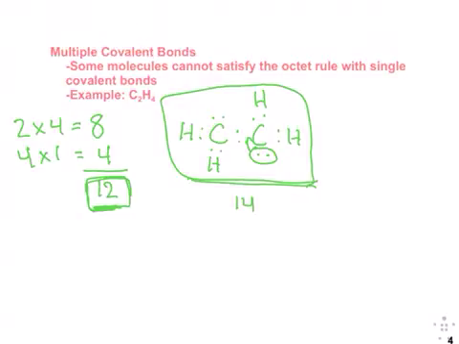And so when you do that, we can satisfy our octet rule. This completely goes away because we had too many electrons. Notice how we don't have any lone pairs. Everything is satisfying the octet rule, and we have our 12 electrons.